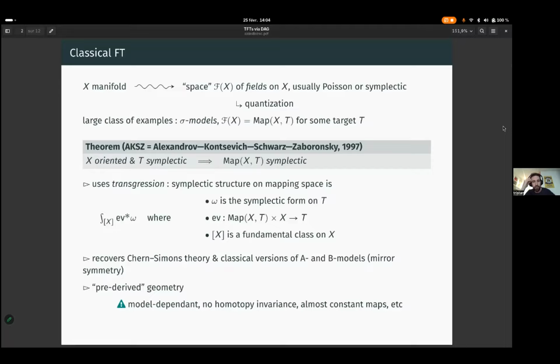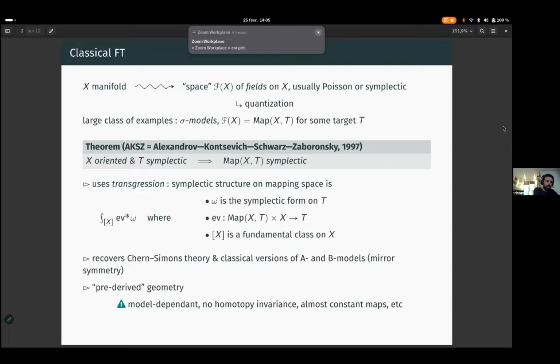A field theory depends on some space of fields considered over some manifold X, which will usually come with some Poisson or even better symplectic structure that can be of interest towards some quantization issues, for instance.